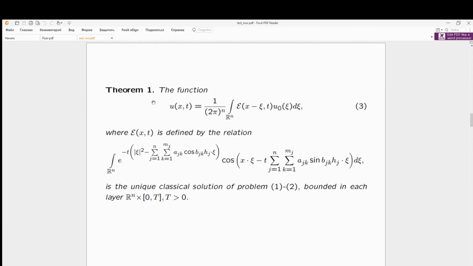So we have the convolution of this kernel, which I think it is quite natural to call a Poissonian kernel or a Poisson-like kernel, and it convolves with the initial value function.